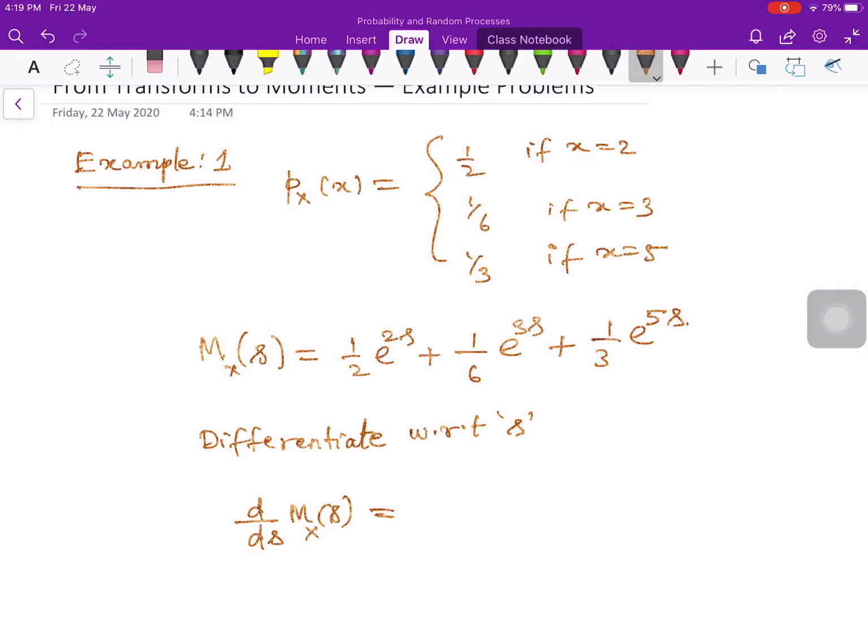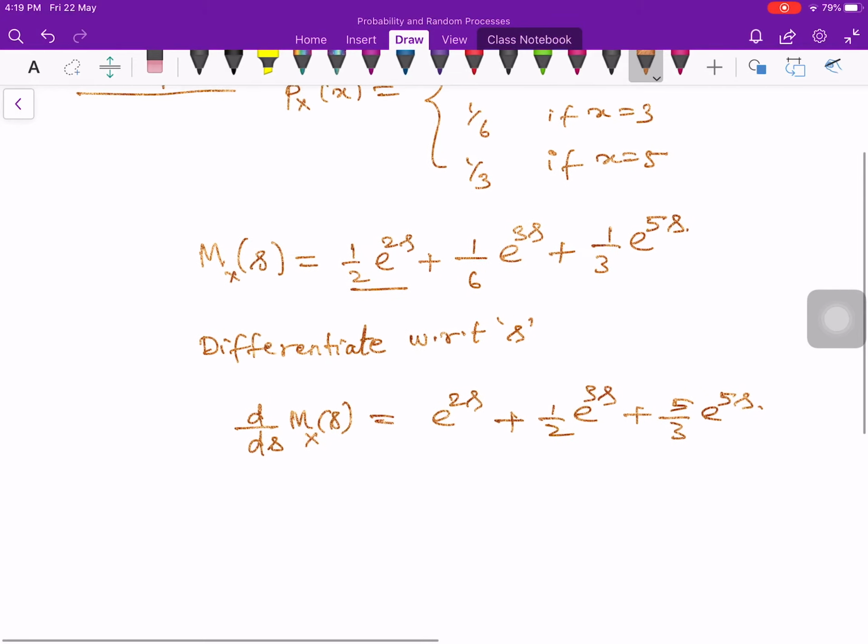Okay, so if you differentiate once, then the 2 times 1/2 will get cancelled. So that is e power 2s plus, for 1/6, it is 1/2 times e power 3s plus 5/3 times e to the 5s.